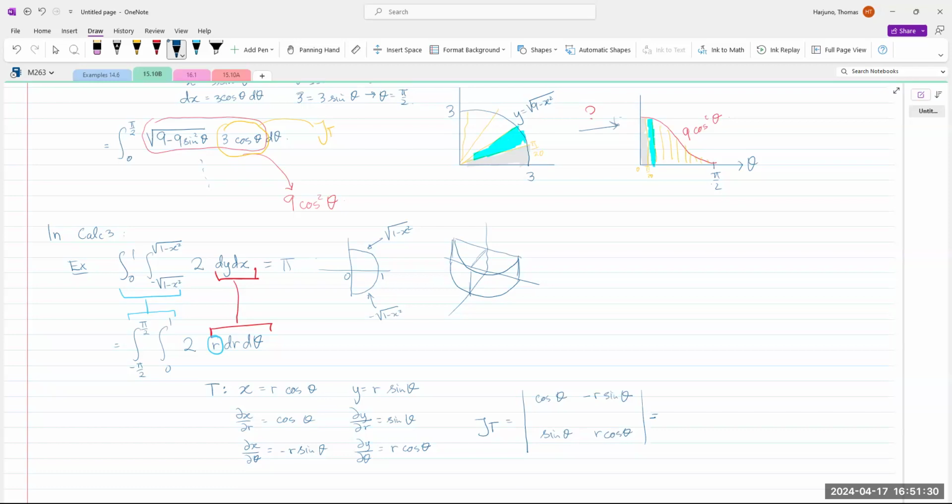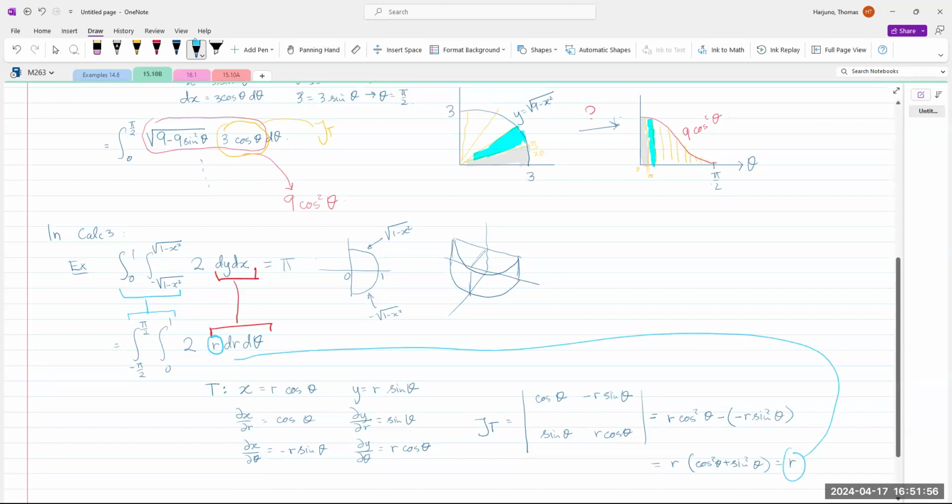When we compute this determinant, we get r cosine squared theta minus negative r sine squared theta. That's r times cosine squared theta plus sine squared theta, which is just r. I hope that explains this r that we have there.